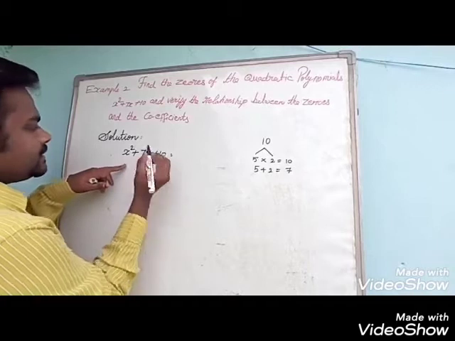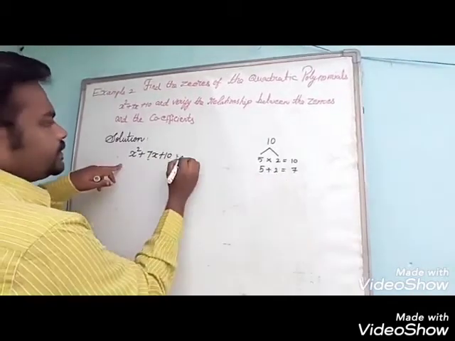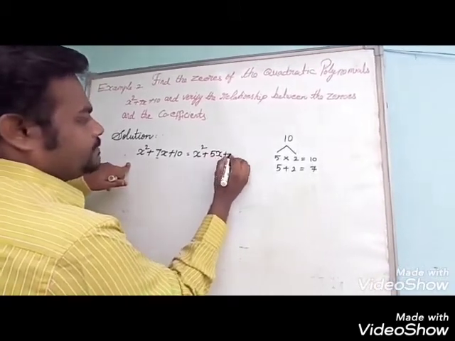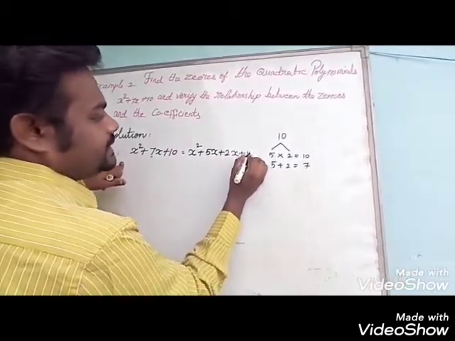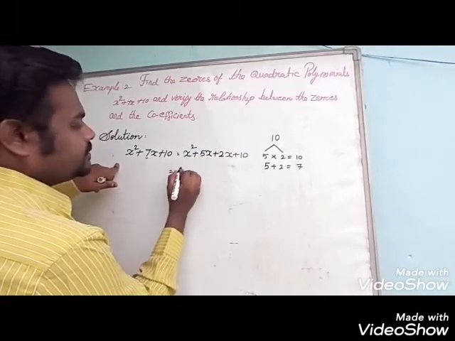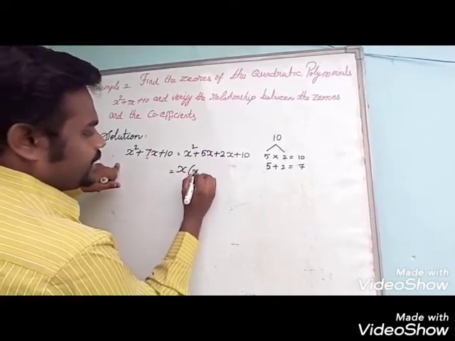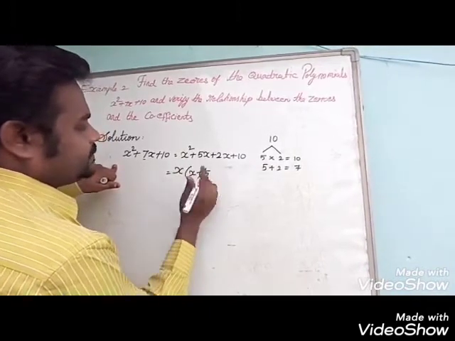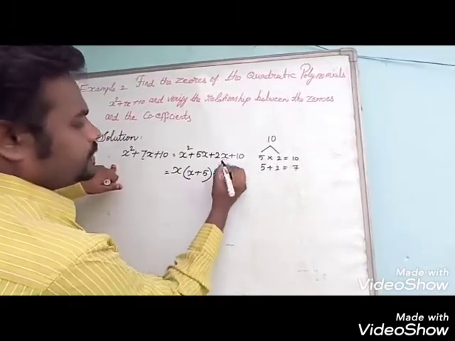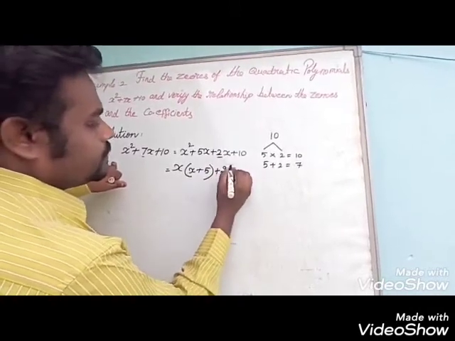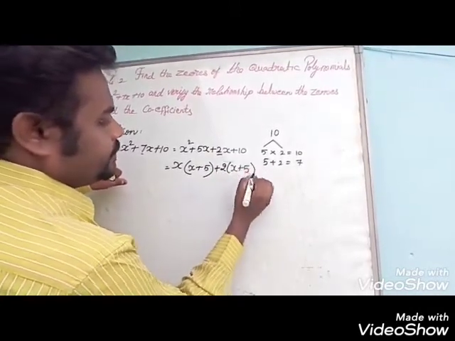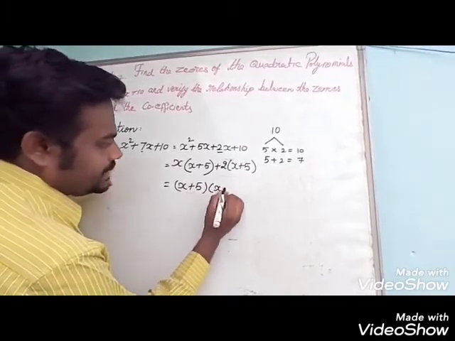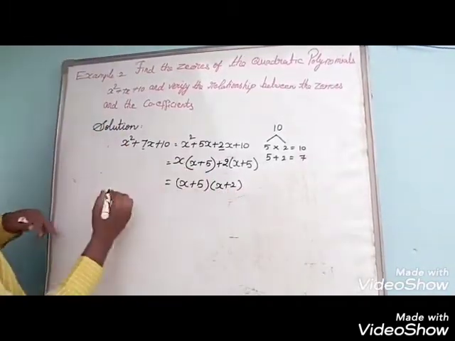So I split the 7 into 5 and 2: x square plus 5x plus 2x plus 10. Here the common term is x, so x into x plus 5. Here the common term is 2, so 2 into x plus 5. Now we get the factors x plus 5 and x plus 2.